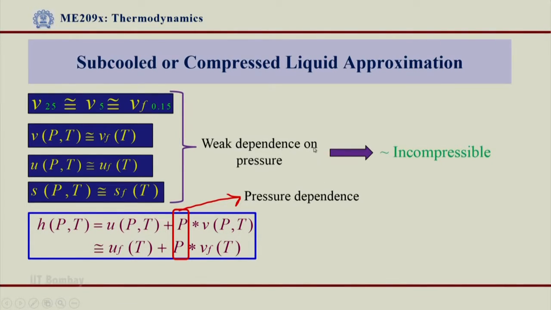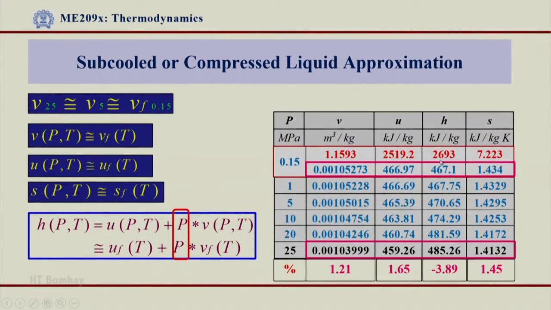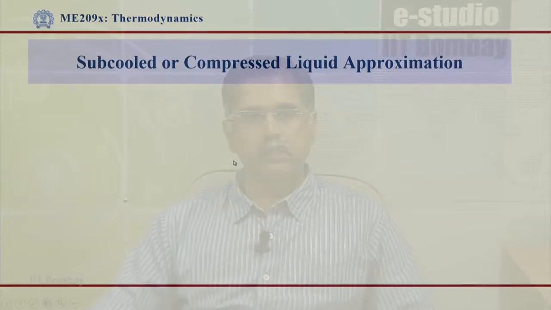In the other cases there is a weak dependence, but there is pressure dependence in this case, and that is why you see in the table that for enthalpy I cannot assume that H(P,T) is equal to H_f(T). I can do the same for V, U and S, but not for H, because of the presence of this P term in the equation for enthalpy.